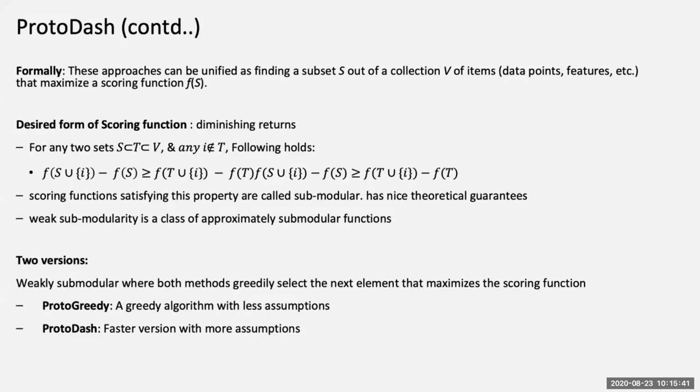Based on those approximate submodular functions, they defined two efficient algorithms to search for prototypes. The first one is Proto-Greedy, which has fewer assumptions, but Proto-Dash is the version with more assumptions.